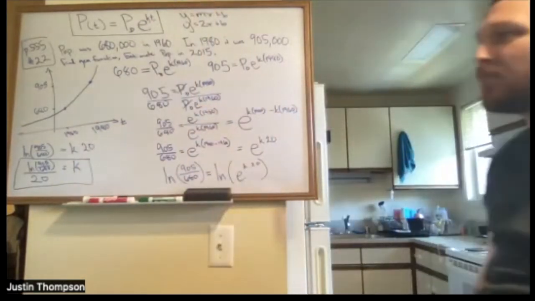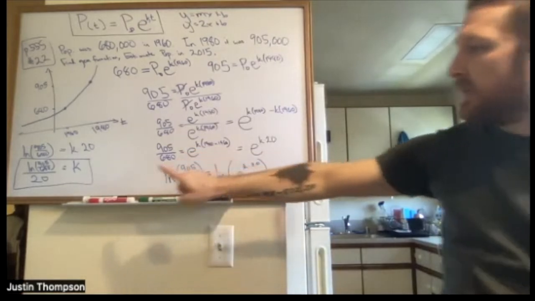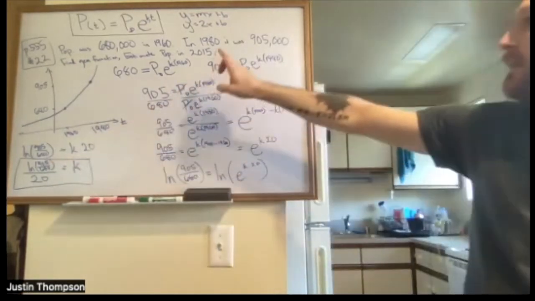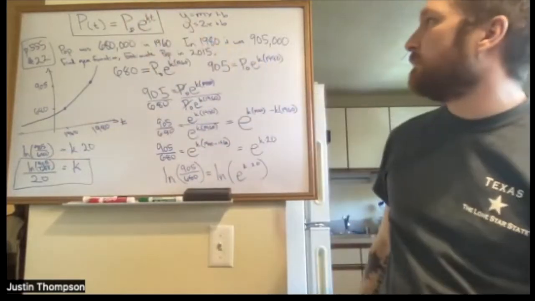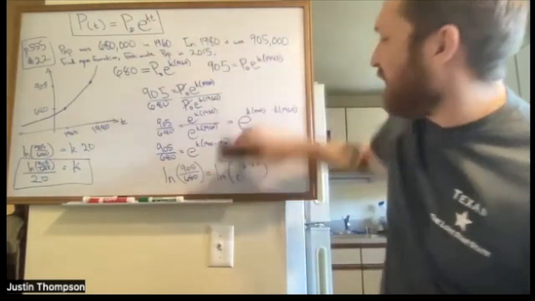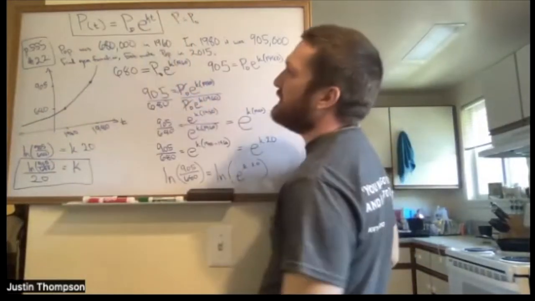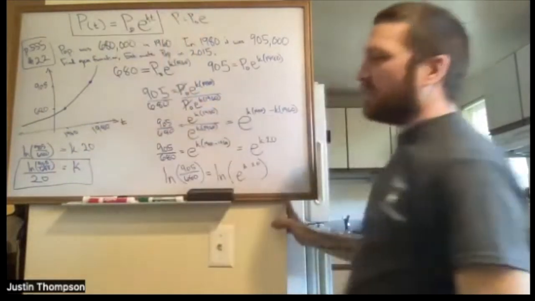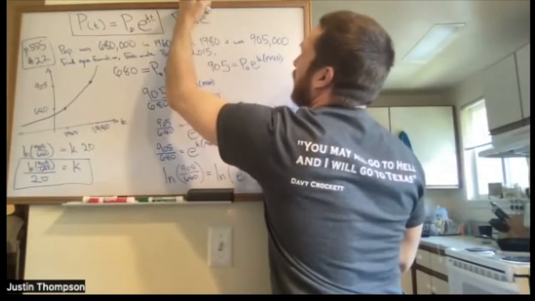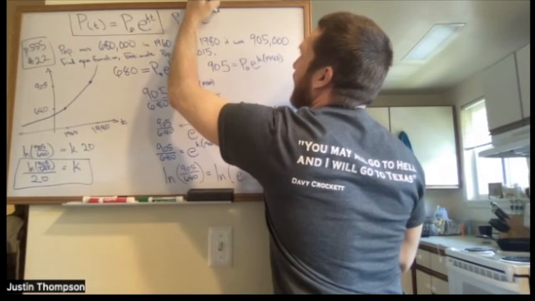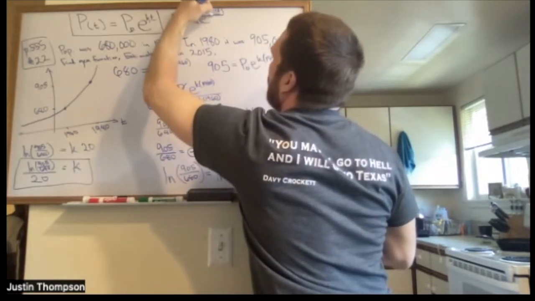I'm going to do the same thing here: since I know K equals that, I plug my K back in. The thing I'm working with is P equals some initial value P0 times e to the, instead of K, that number, which is the log of 905 over 680, all over 20, times t.